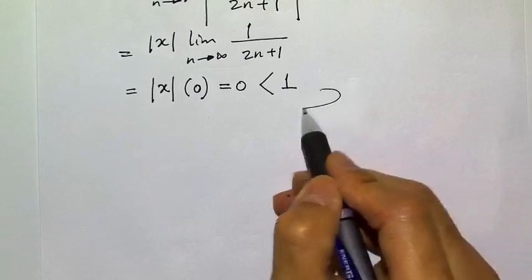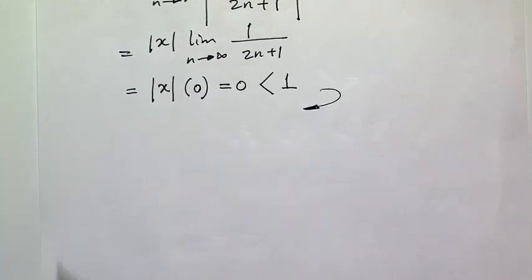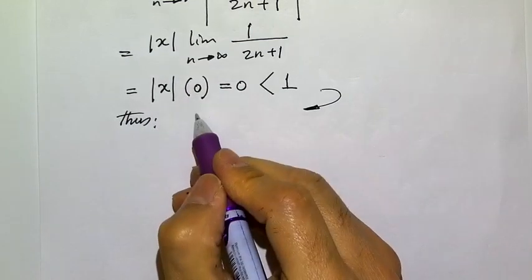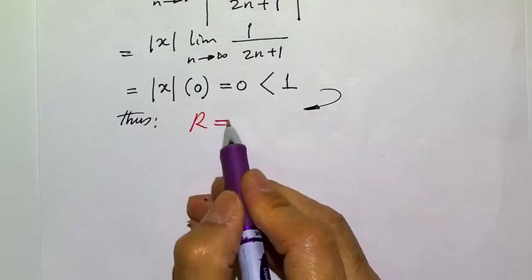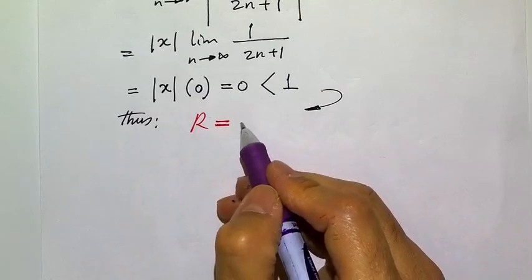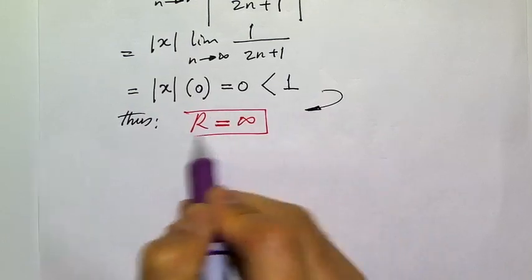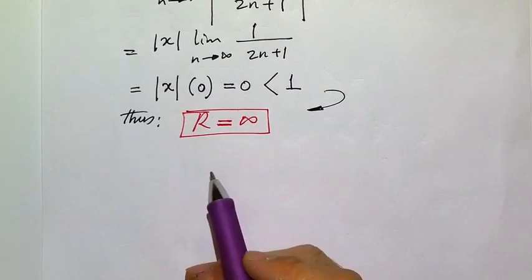Okay, so thus r is equal to infinity. For all values of n in the series, we have the radius of convergence as infinity.